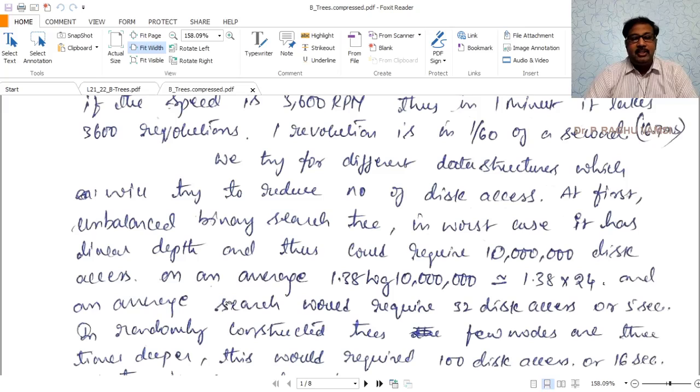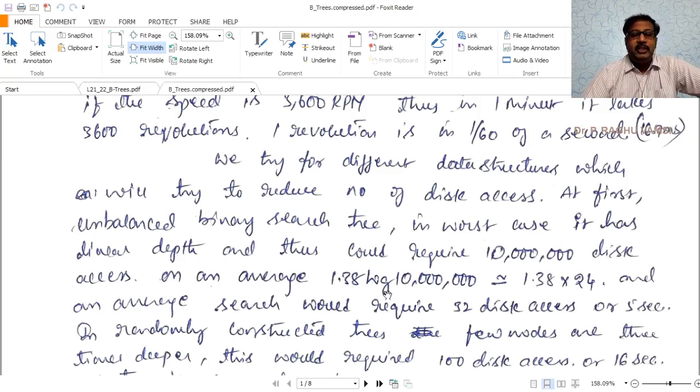On an average, in the average case, the time complexity of a binary search tree is 1.38 log n, with n being 10 million.